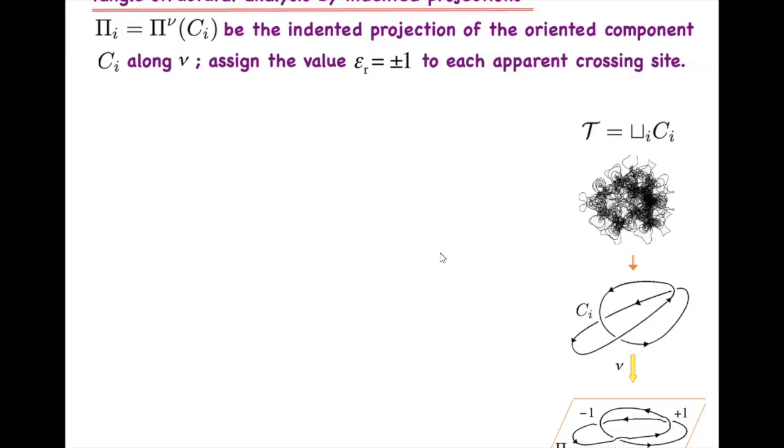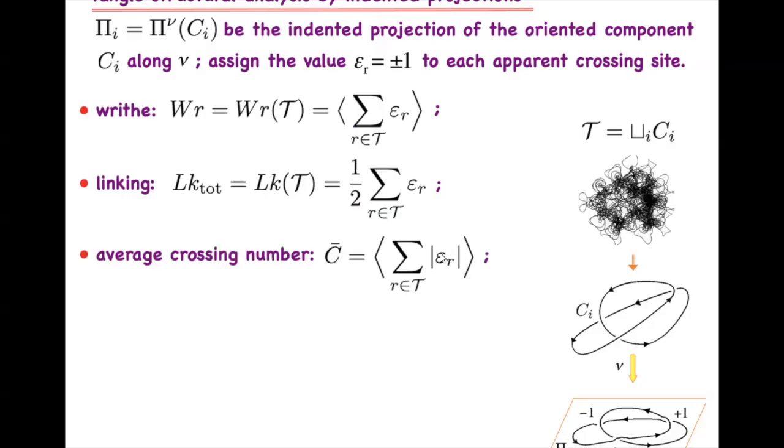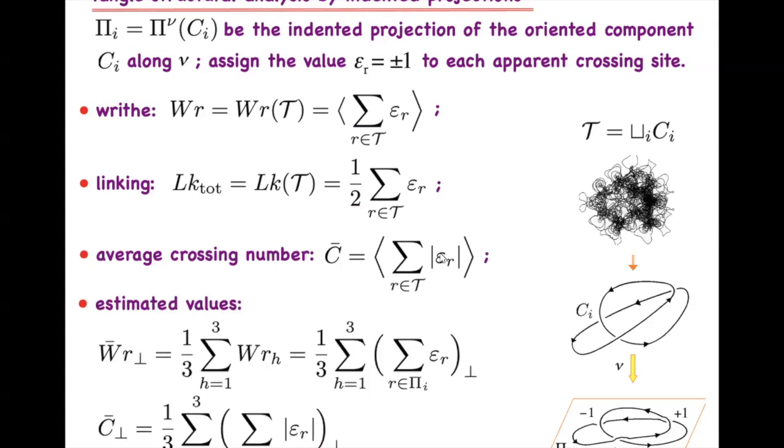You project on any plane you like, but then what about the writhe? I told you that you have to do an infinite number of projections. Well, you can do better than that. Instead of the exact writhe that you can compute with your formula, you can approximate it by taking 3 mutually orthogonal projections.